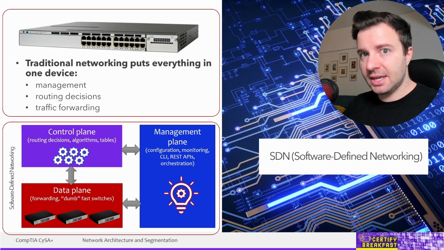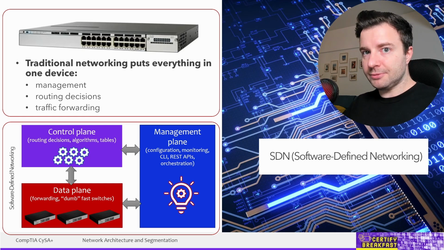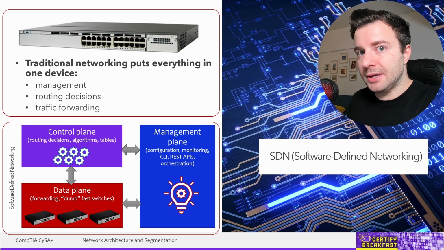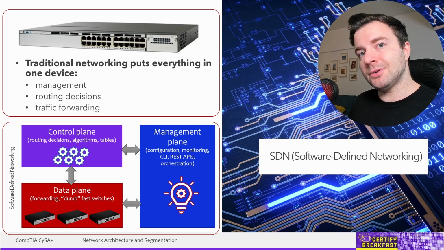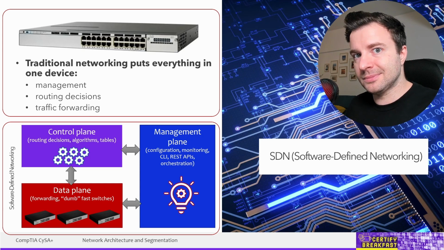Consequently, if something bad happens inside of your network, you can either be instantly notified in your management interface, or you can even configure the brain, the control plane, to magically reconfigure the network around that failed segment or that failed device.